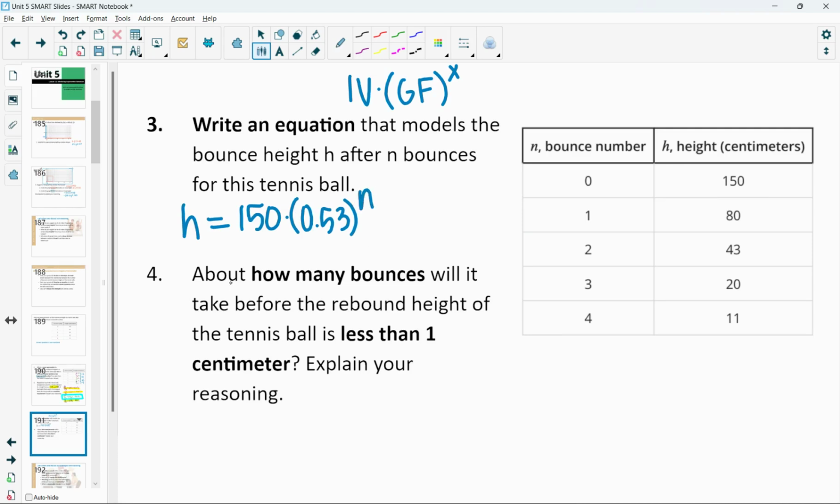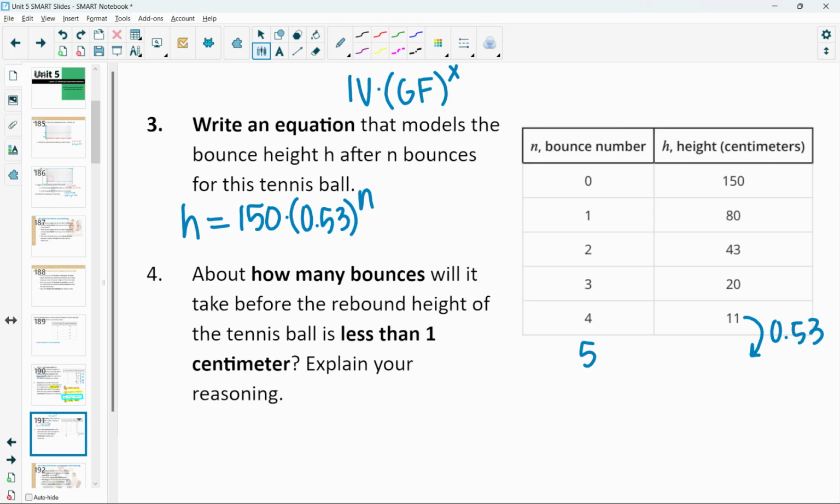About how many bounces will it take before the rebound height of the tennis ball is less than 1? So now you would use your equation to model this. You can either plug 5 in for n into this, or you can keep multiplying by the growth factor of 0.53 from your table, okay?